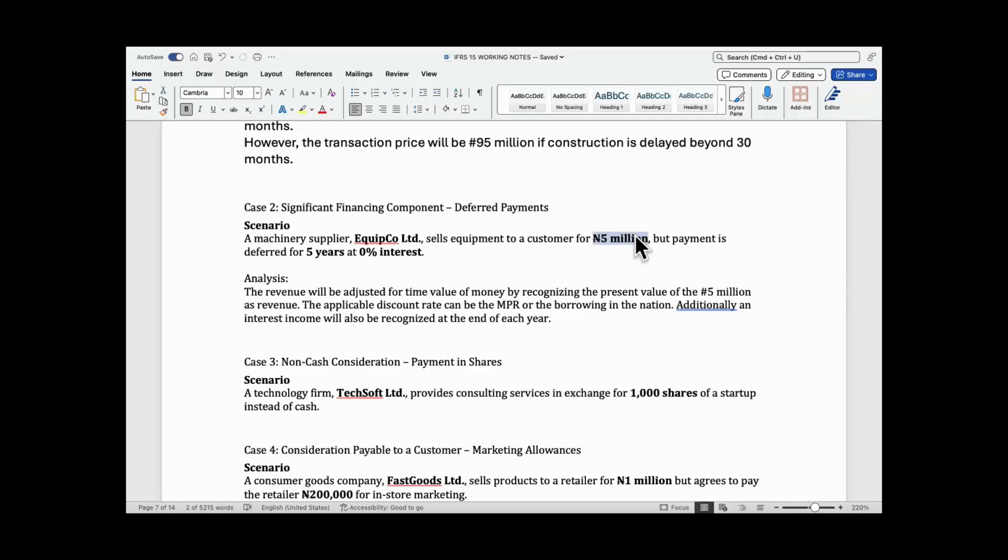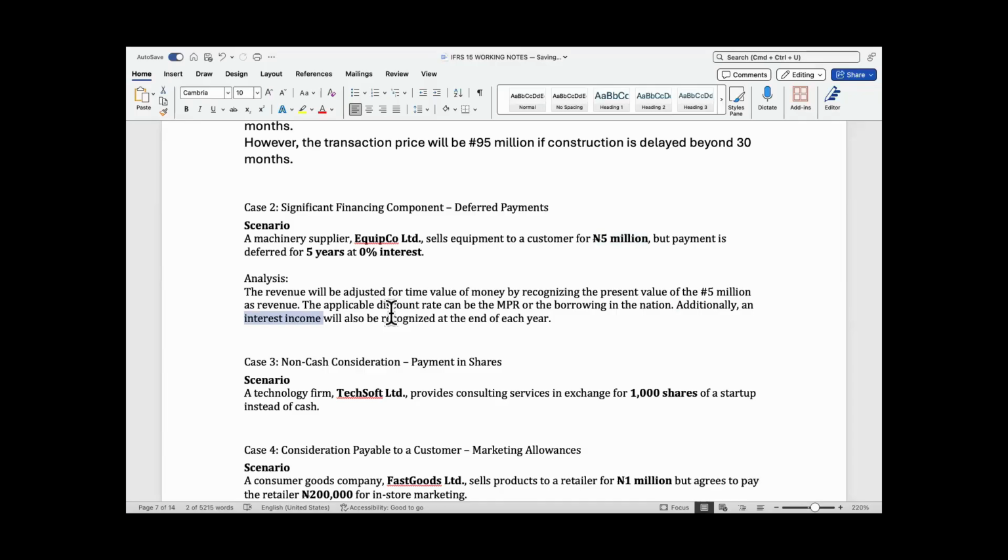And you would also recognize an interest income equivalent to the discount rate times the opening balance, which I think I explained to you under provisions.